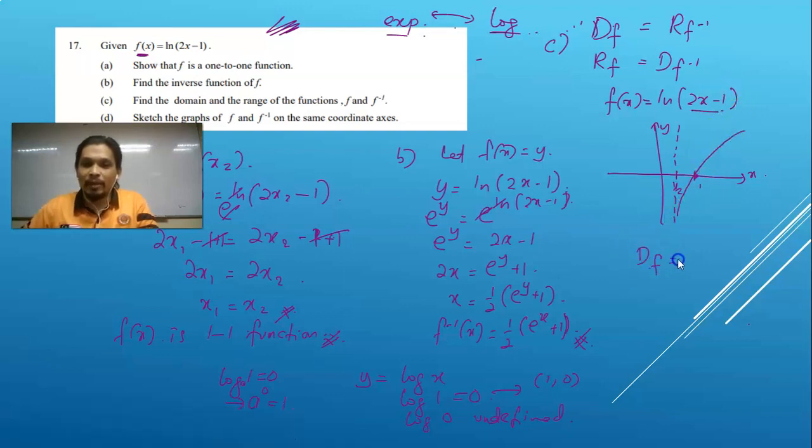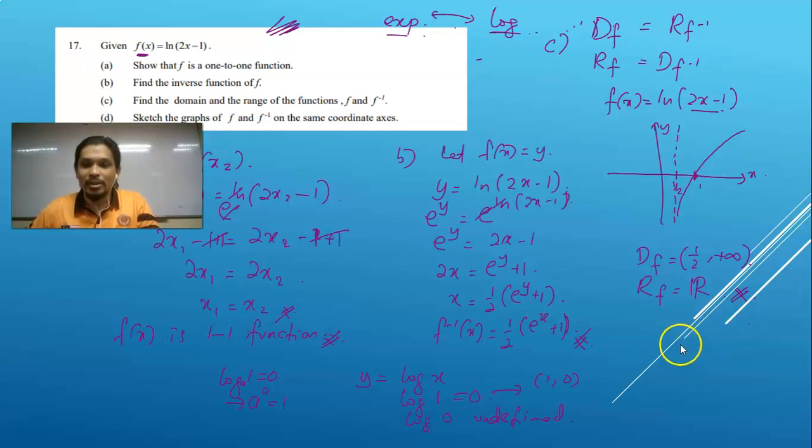The domain of f equal to from half to positive infinity. And the range of f equal to all values of y, all real numbers. So now sketch the graph of f and its inverse on the same axis.